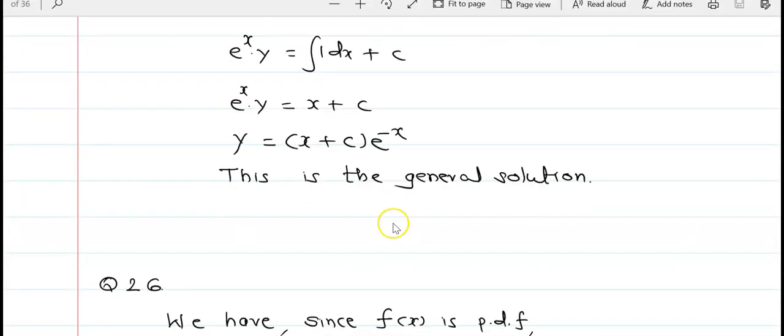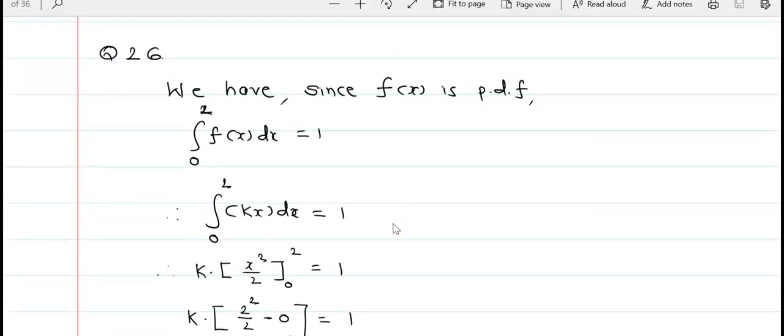This is the solved question on page number 322. Now, see this again here. Since f of x is a probability density function, the integral from 0 to 2 of f of x dx is 1, so the integral from 0 to 2 of kx dx is 1.